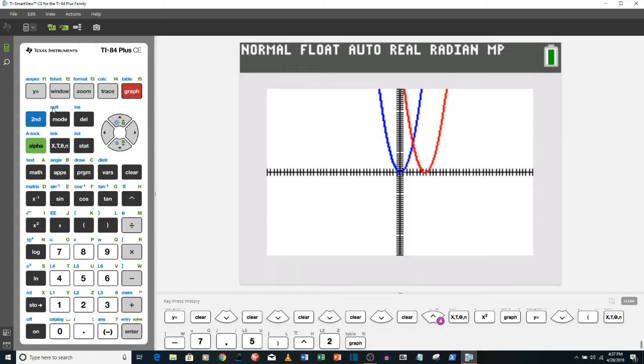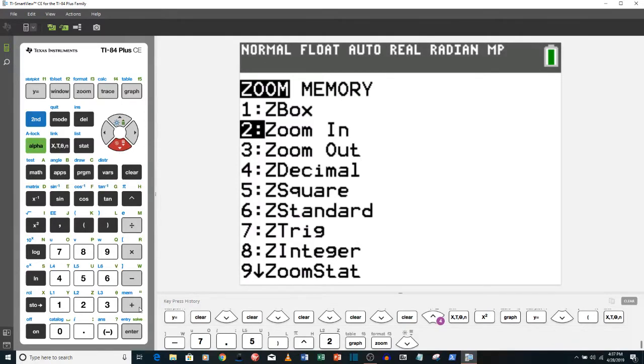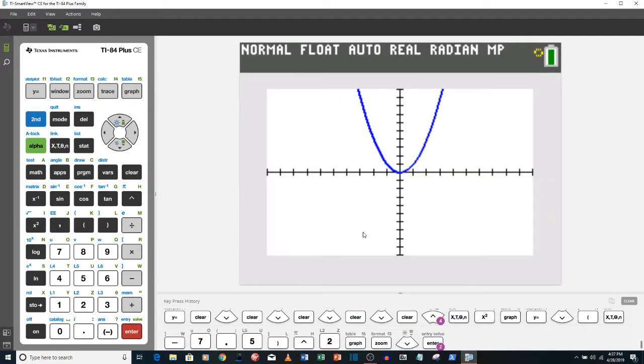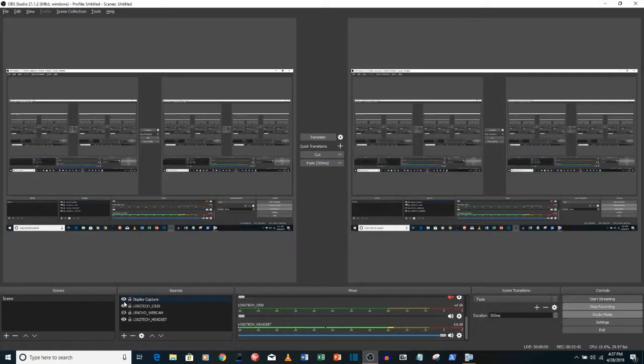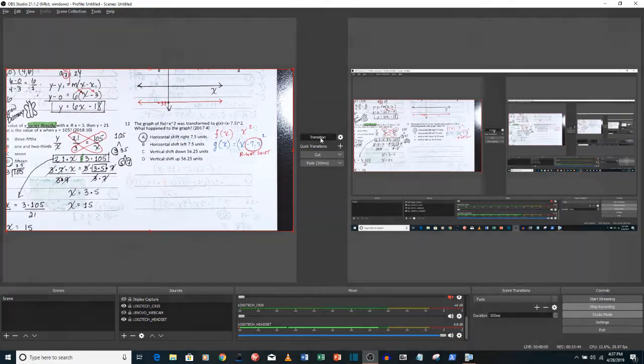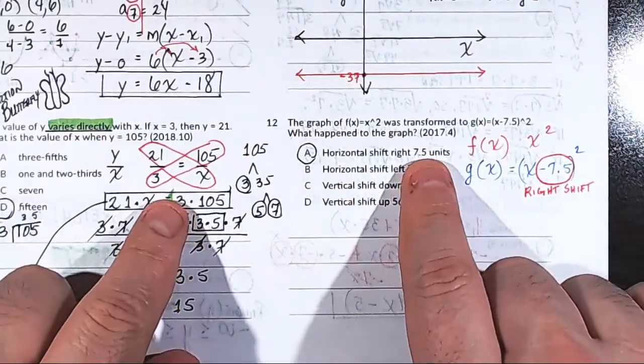Let's zoom in on that and see what's going on. 1, 2, 3, 4, 5, 6, 7.5. So it's shifted right 7.5. And that's how we know that there was a right horizontal shift of 7.5 units.